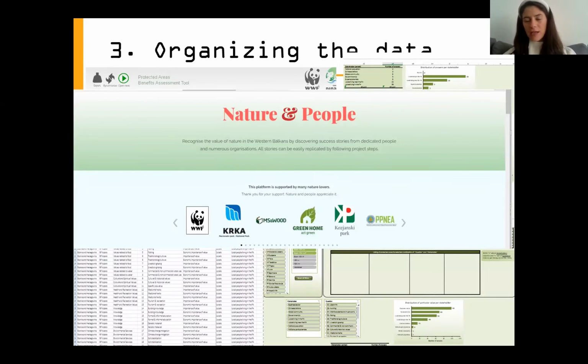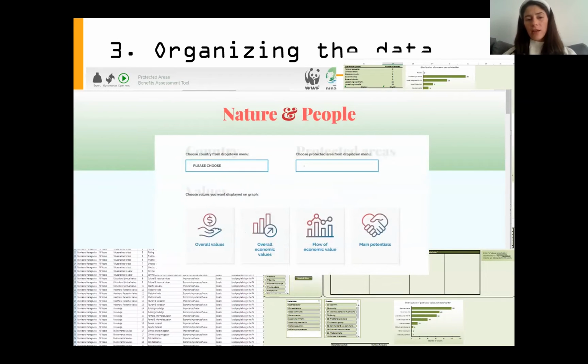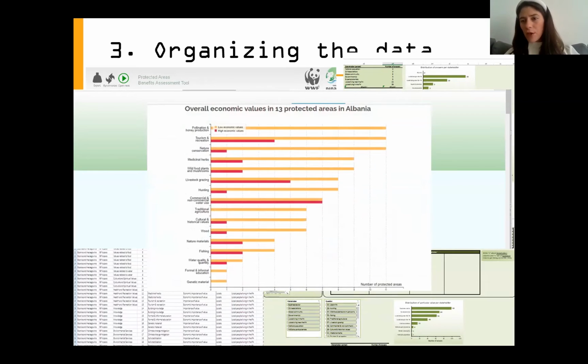And here we have this kind of final page, which is Nature for People, where you can choose a country from the drop-down menu, and you can do the country analysis with some of the graphs, such as overall values, overall flow of economic value, or mean potential, or you can pick individual protected areas. I've picked two examples.